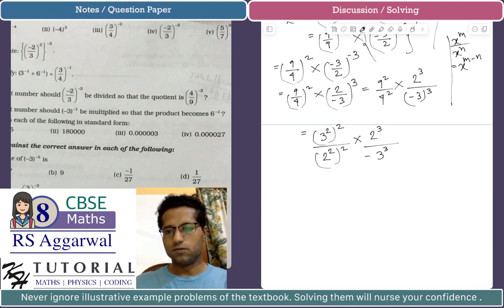So this is equal to 3 square whole raised to the power 2, which is nothing but 3 to the power 4.